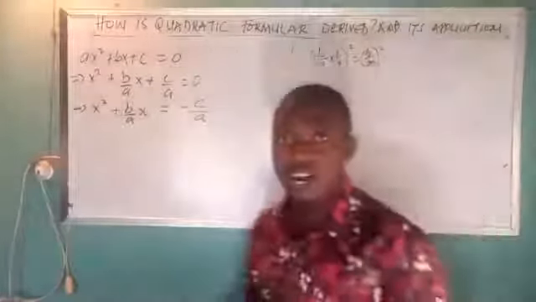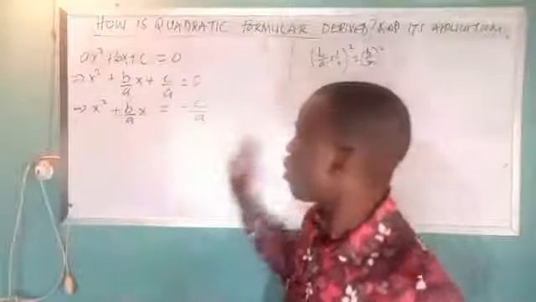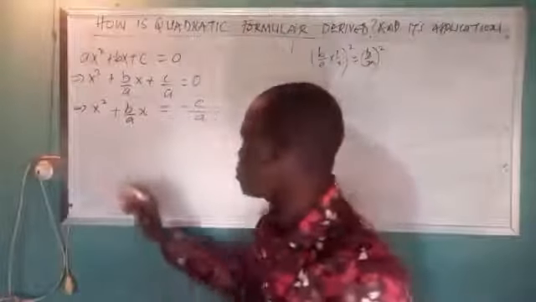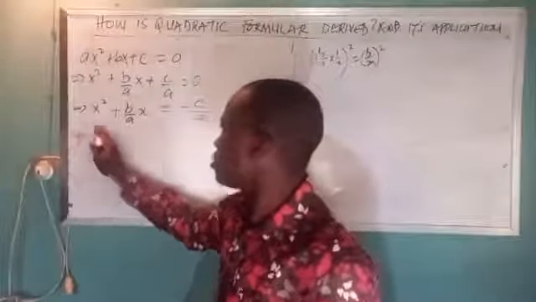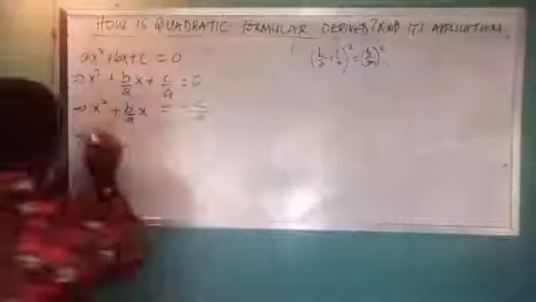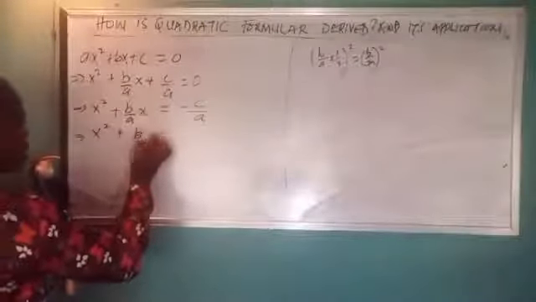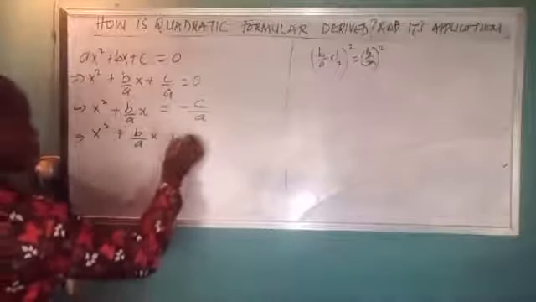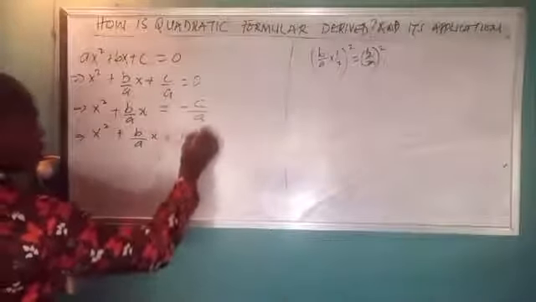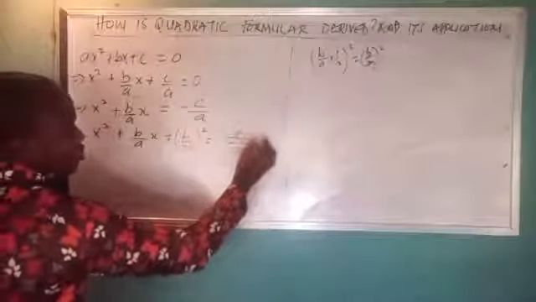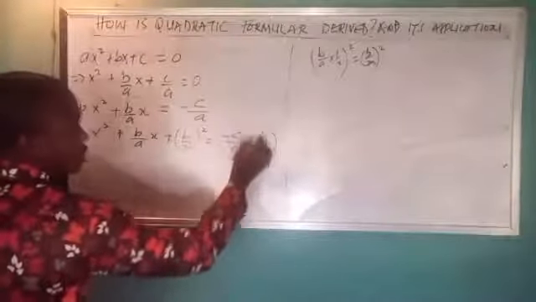That is the half and square of the coefficient of x. We add the result to both sides of this equation. So we have x squared plus b over a x plus b over 2a all squared equals minus c over a plus b over 2a all squared.